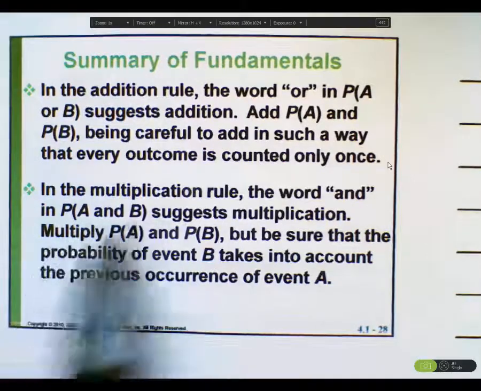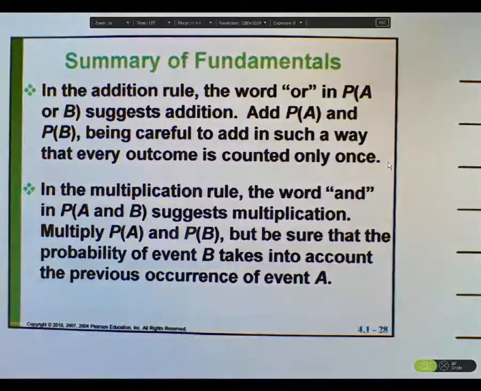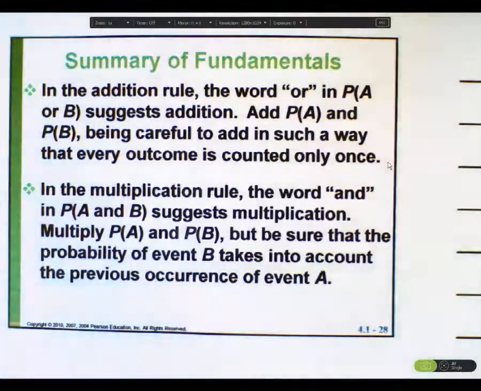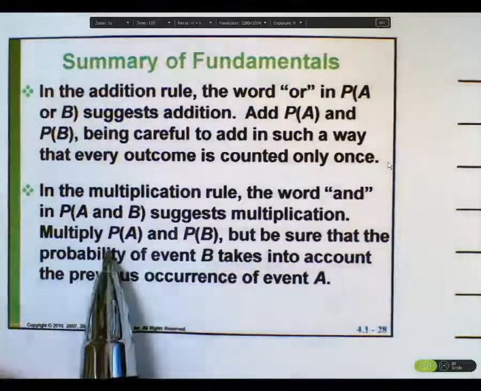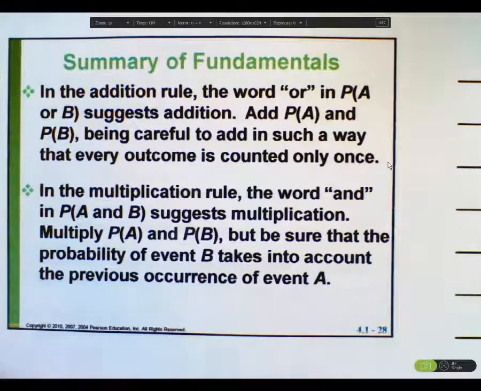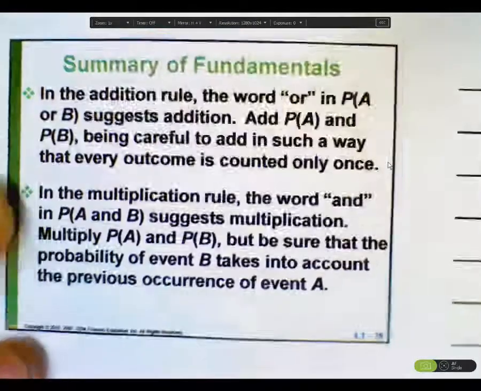And then the word and, probability of A and B, tells me to multiply the probability of A and the probability of B, but make sure that if B depends on A, you take that into account.